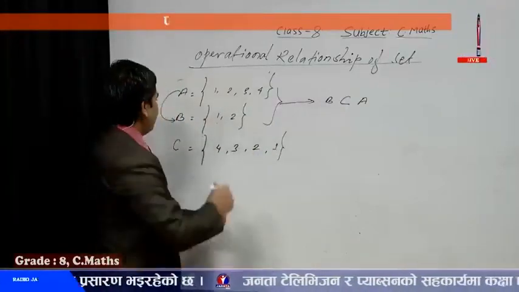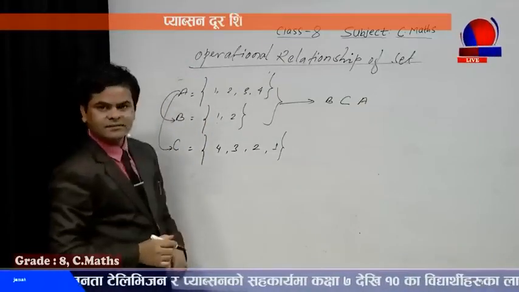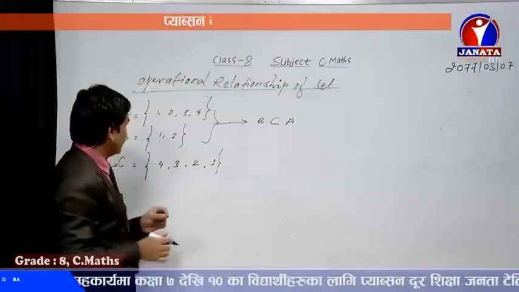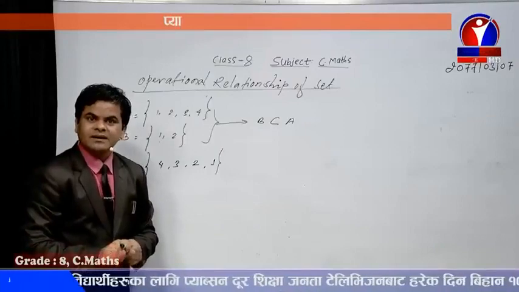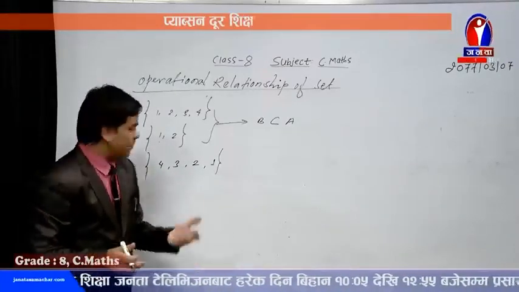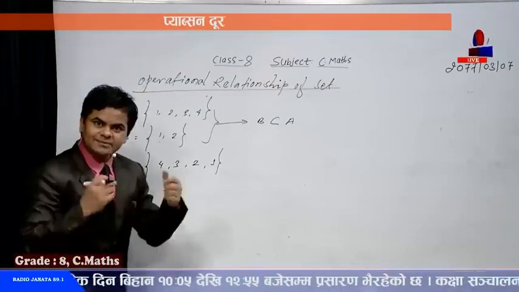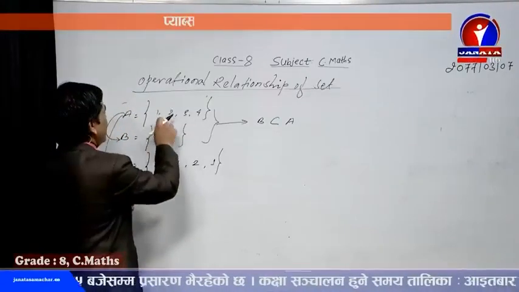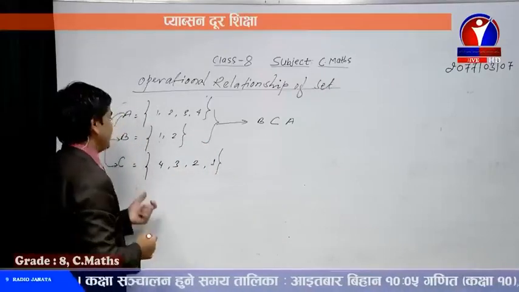Did you understand? Now, what is the relation between A and C? If you see the relationship between A and C, all the elements which are found in set A are, although the positions are different, present in C. And if you count the elements 1, 2, 3, 4, here also 1, 2, 3, 4, there are 4 elements.